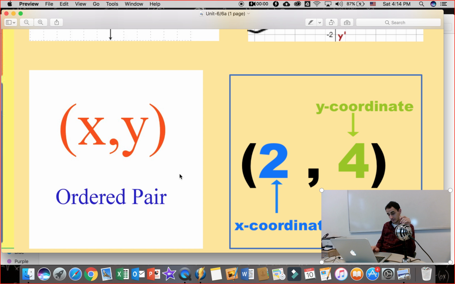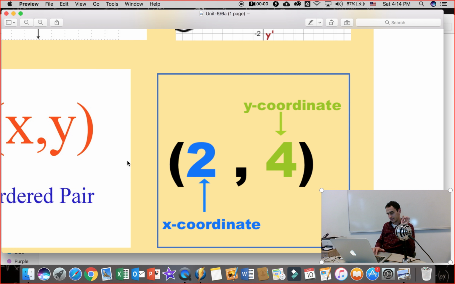Because they have an order between them. First x must come, second y must come. The first set is for x coordinates, the second set is for y coordinates. It can't be yx, always x and y. That's why the name is ordered pair. Clear? Okay.